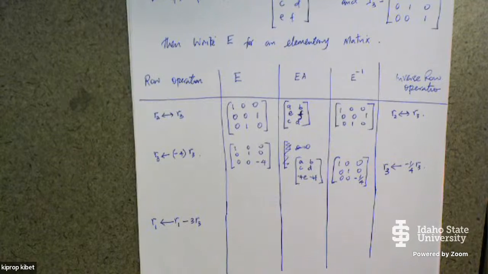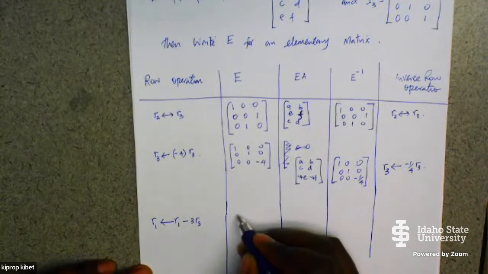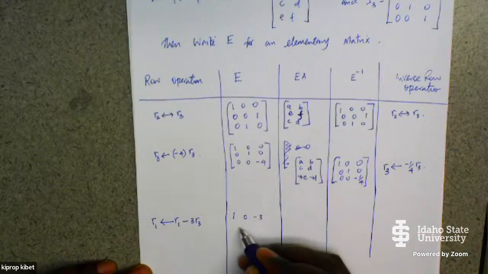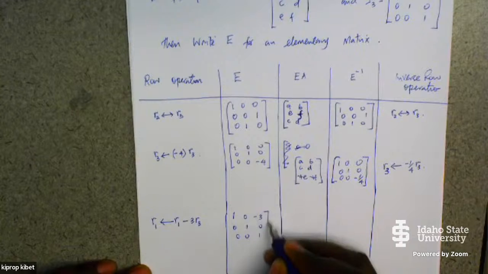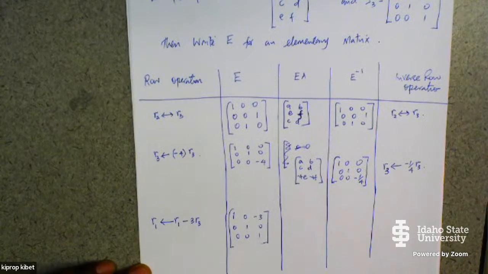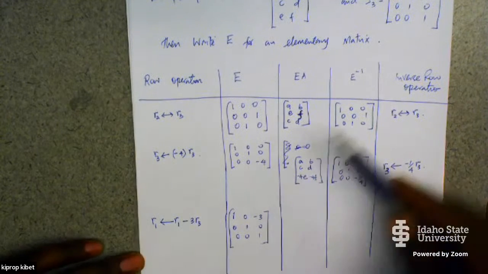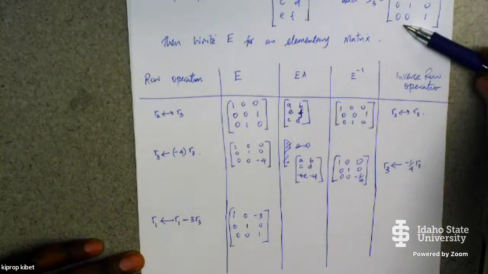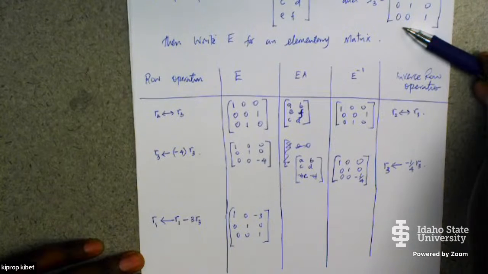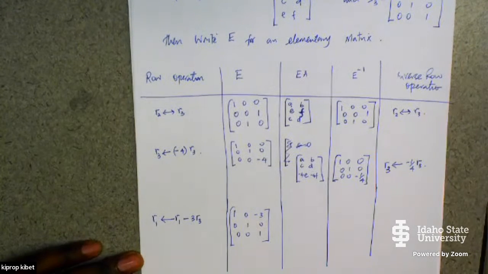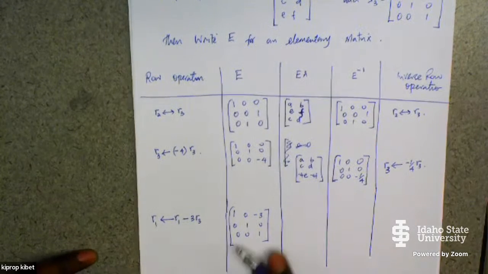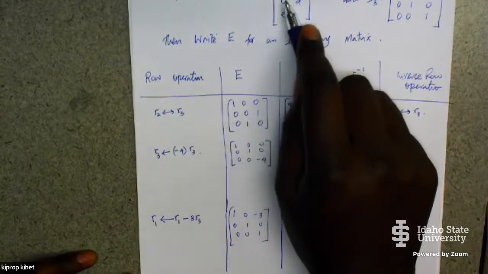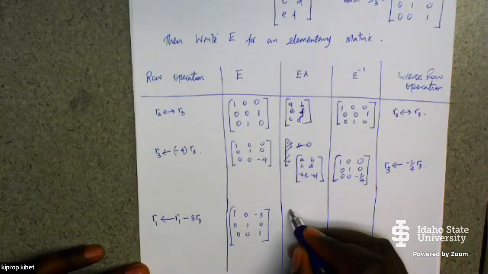Then the elementary matrix here will be 1, 0, -3, 0, 1, 0, 0, 0, 1. So that will be our elementary matrix. Check this, the new R1 is R1 minus 3 R3. Now, when you multiply this and this A, what do you get?